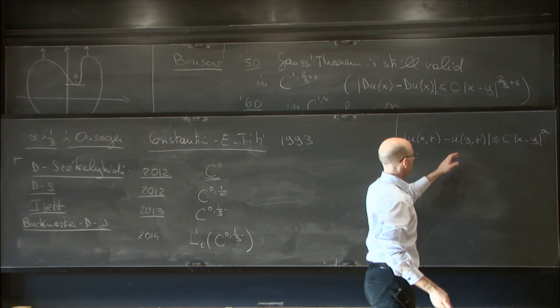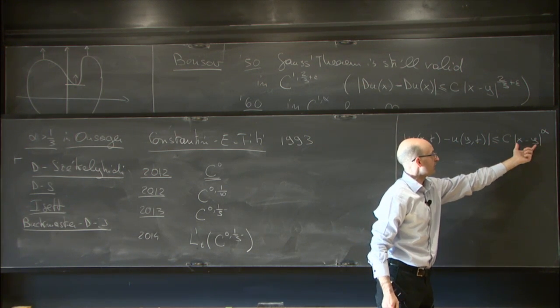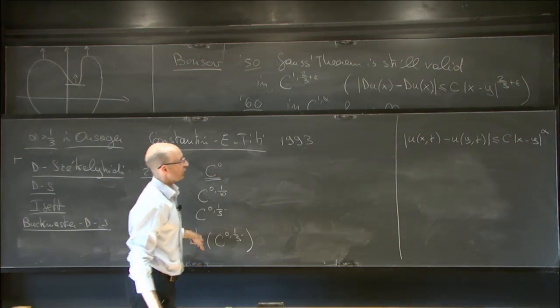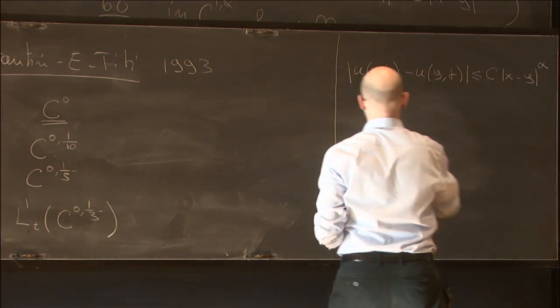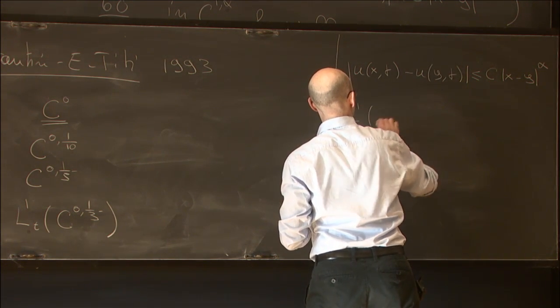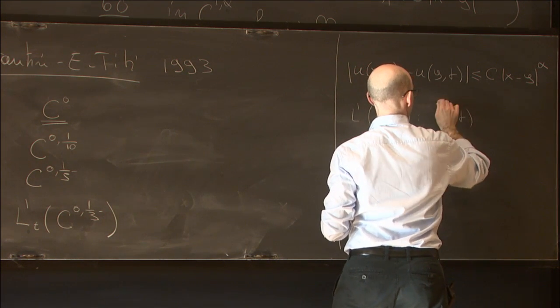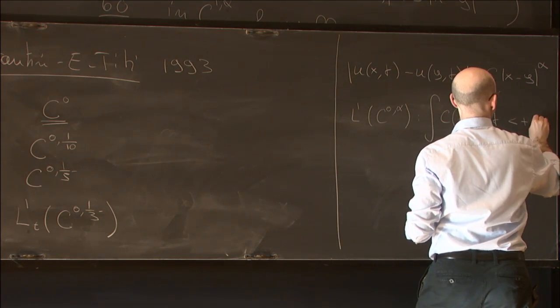This will mean this constant is uniformly controlled also in time, and then it gives you the Hölder regularity in space. So what we are doing over here with L1, it means that this constant is actually allowed to vary in time, but then its integral is finite. So you have a constant which depends on t, and this quantity is finite.